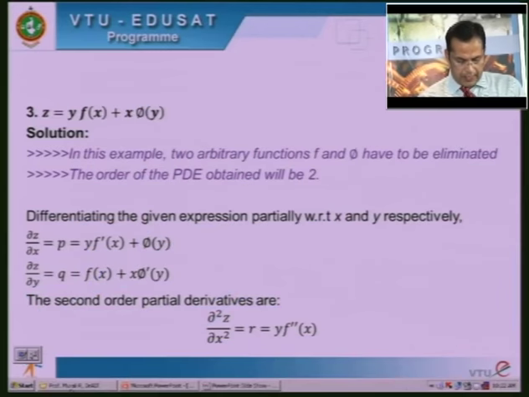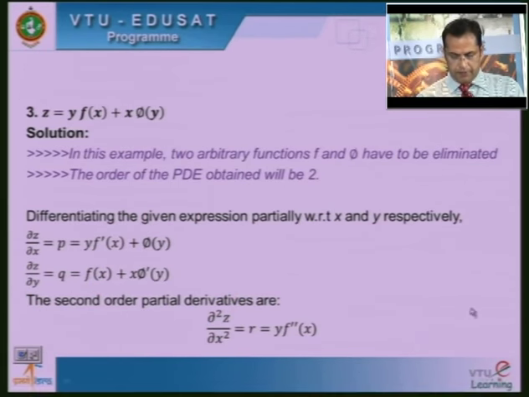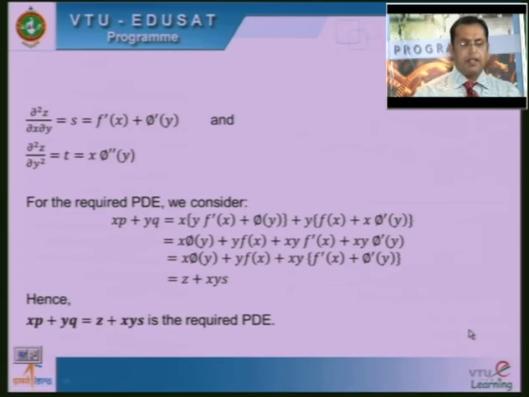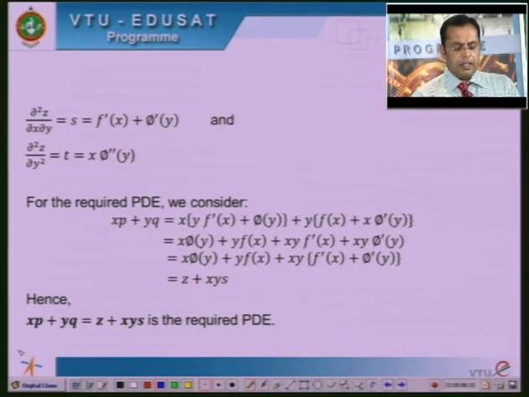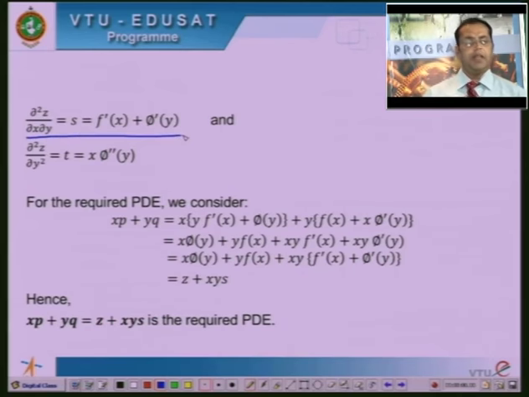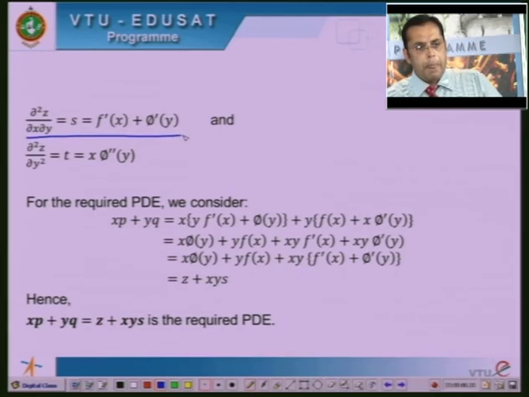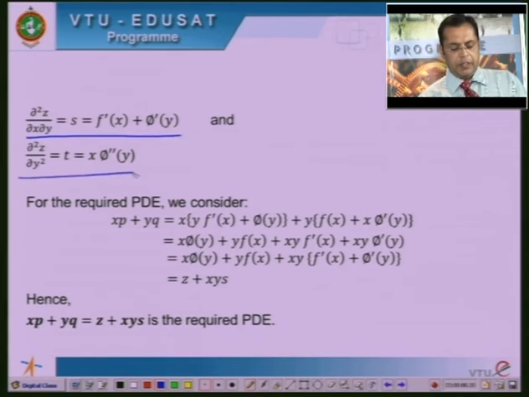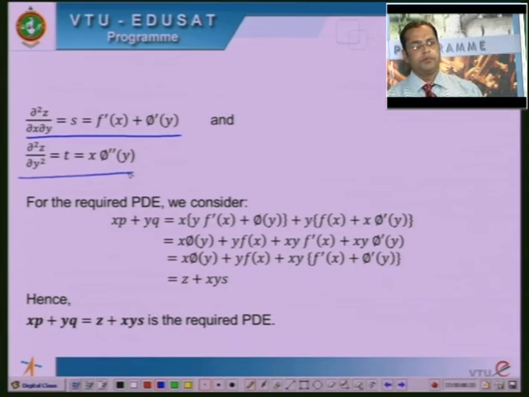So, these expressions are illustrated in our next slide. As we mentioned, friends, you can observe this is your ∂²z/∂x∂y, f dash x plus phi dash y, and ∂²z/∂y², which by notation is t, is x into phi double dash of y.